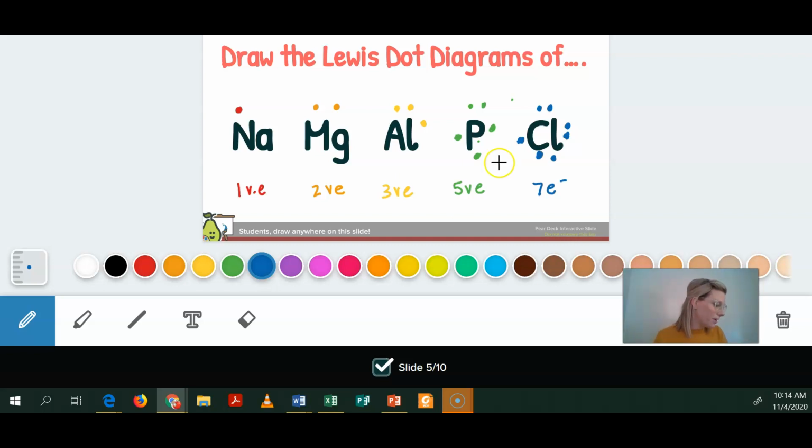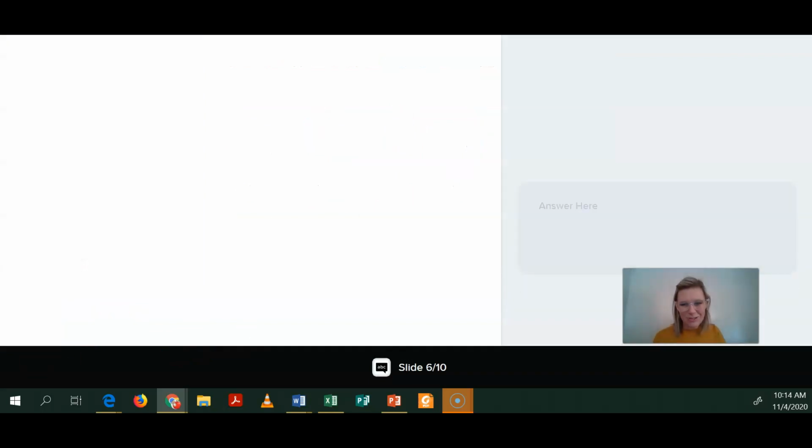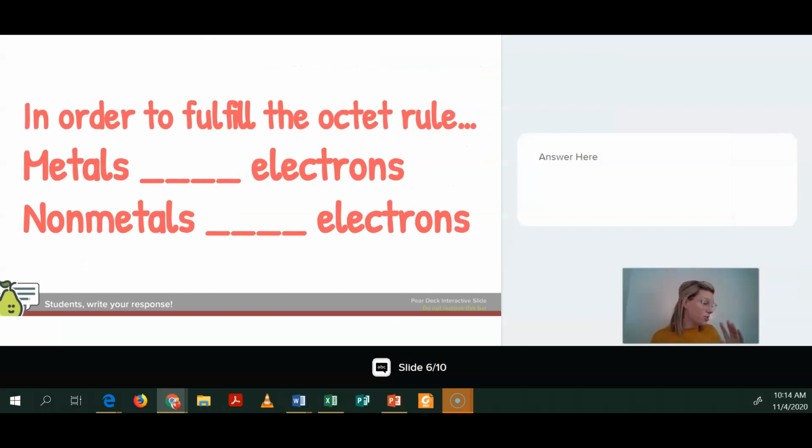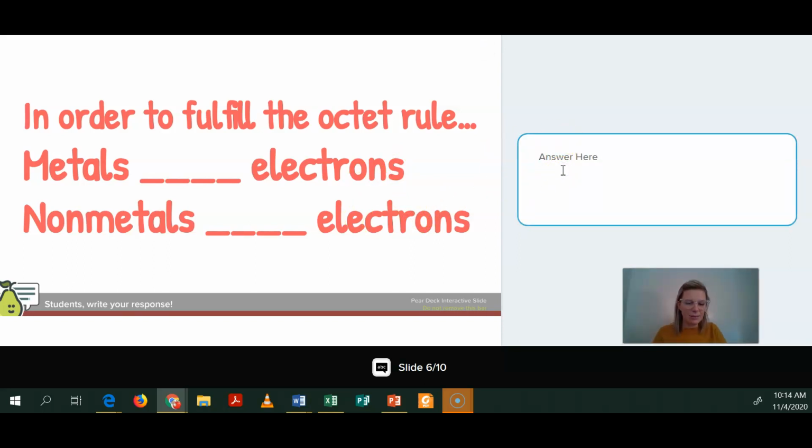Now let's talk quickly about ions. Okay, so we are going to skip to the next slide. Actually, before we talk about drawing the ions, let's talk about fulfilling the octet rule. So in order to fulfill the octet rule, I'm just going to type it here. It's not going to be big, but this is review.